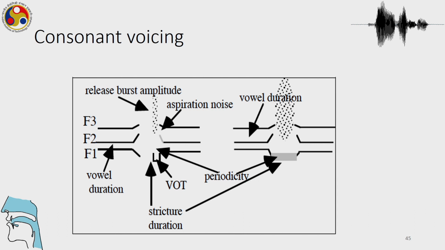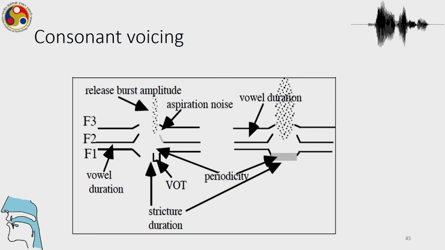There could be aspiration noise for voiceless consonants rather than voiced consonants. The release burst amplitude could again be different for voiced and voiceless, and periodicity will be present in the consonant to cue the voicing.